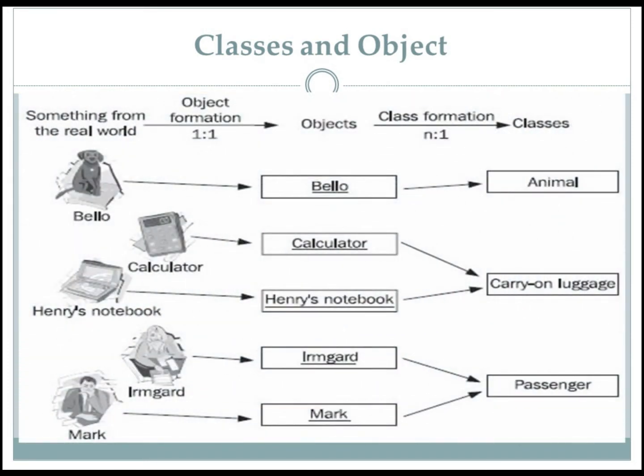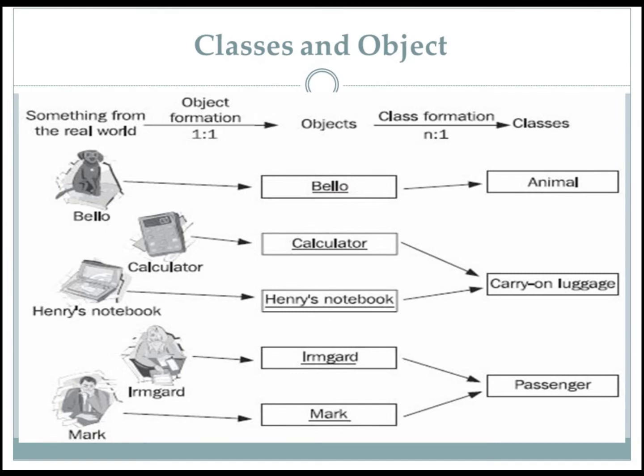Now on the screen you can see a picture. There is a class animal which shows the real world entity below. Then there is another class, luggage or carry-on luggage, which is the representation of real world entities like a calculator or Henry's notebook.